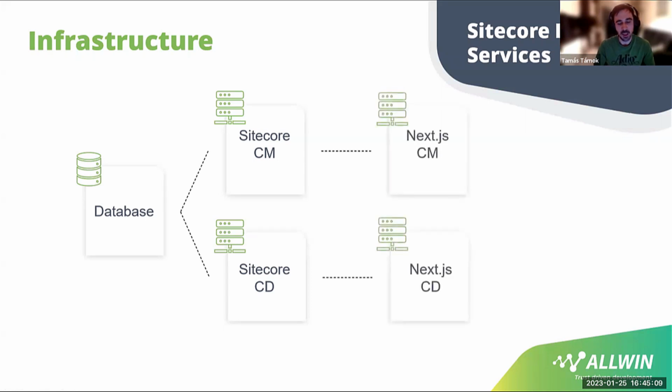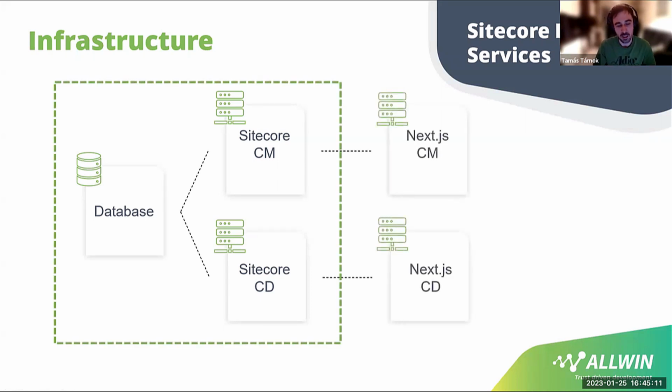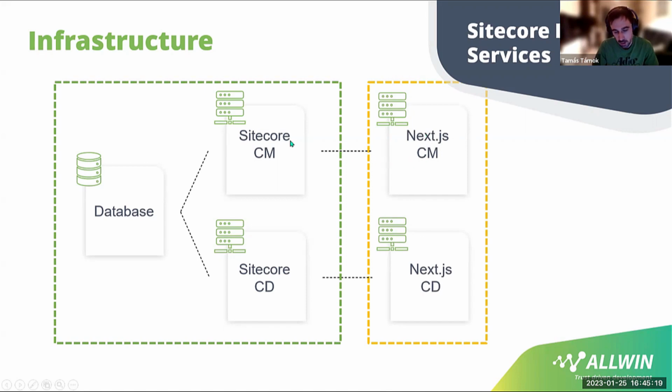And with Next.js coming in, there is this new part, which is basically a Next.js application connected to the Sitecore content management server, and we have another one which is connected to the delivery server. Theoretically, you can also have one Next.js application connected to the CM and CD.